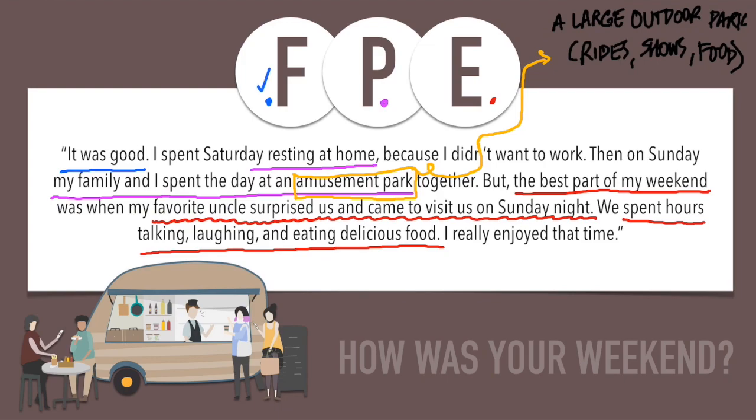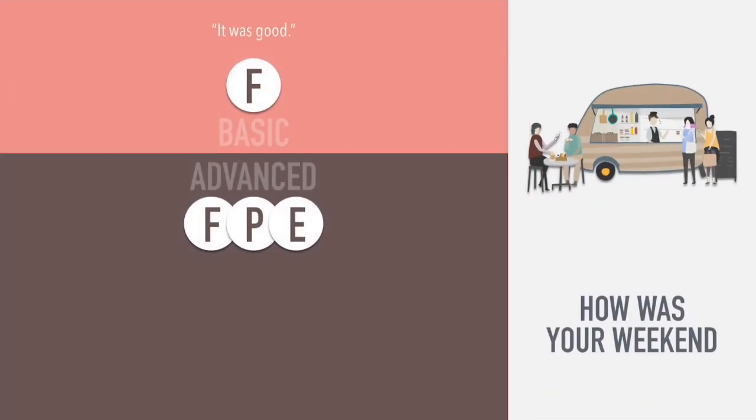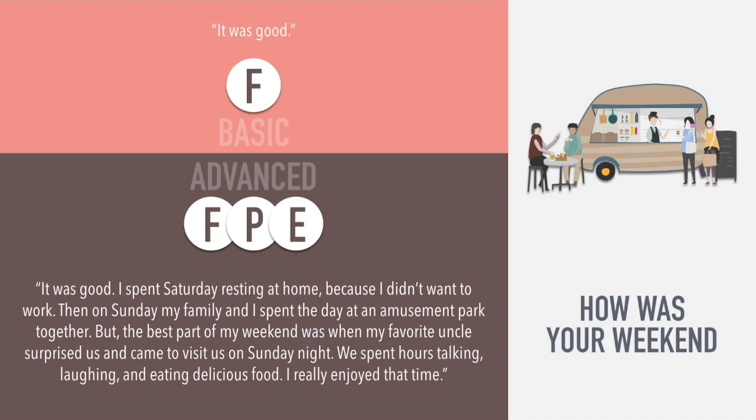I gave you a fact. Then I gave you proofs, what I did on Sunday and even on Saturday. But then I gave you an exact example of why it was good. All right. So again, if we compare this advanced response to the basic response, again, the basic response was it was good. That was a fact.